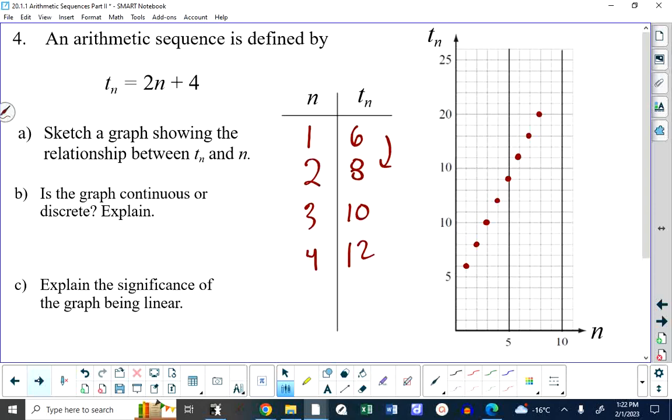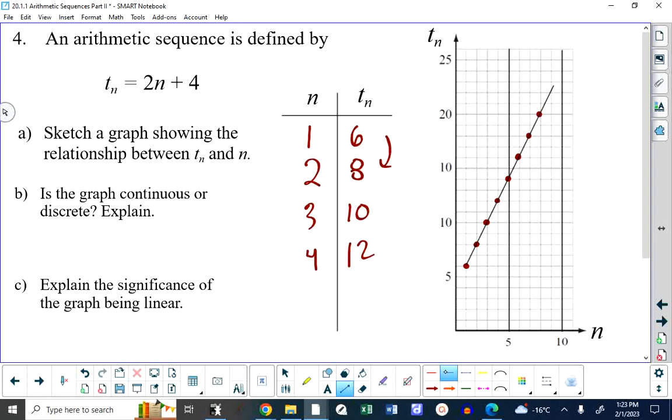Right. So if this is continuous, I would be justified, and I'm going to paraphrase what you just said, in drawing a line there and saying that every point on the line is a point in this relationship. Is this continuous? No, because there's a first term and a second term.